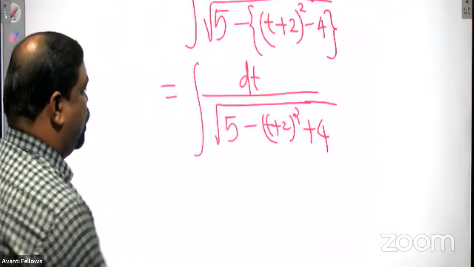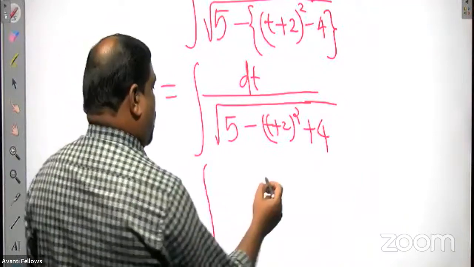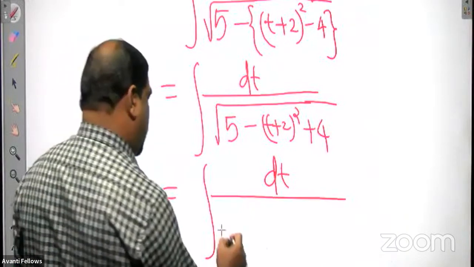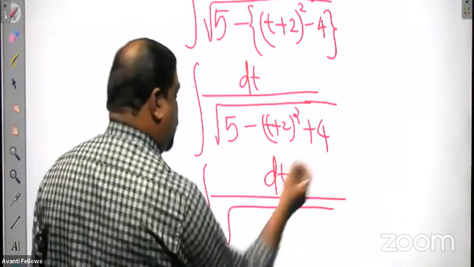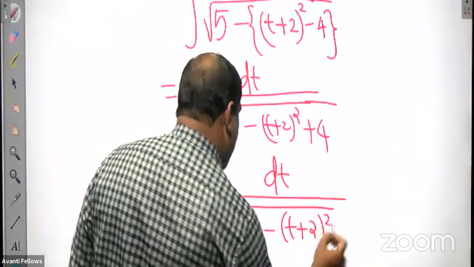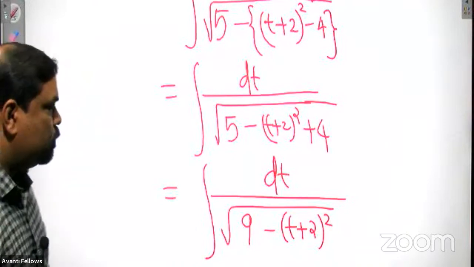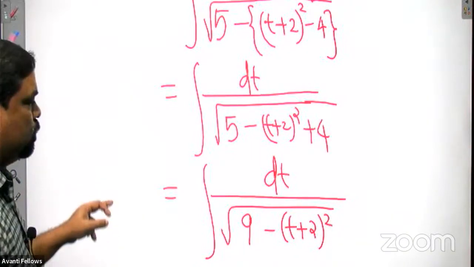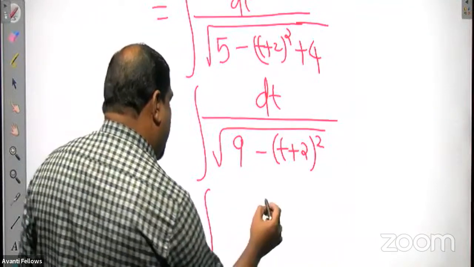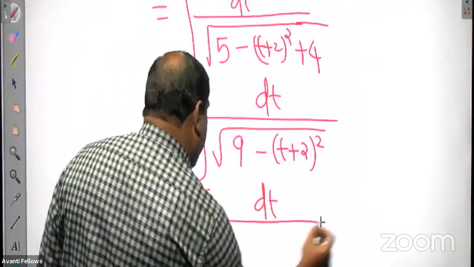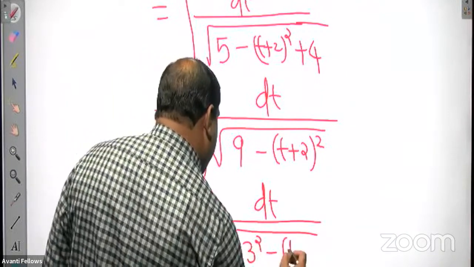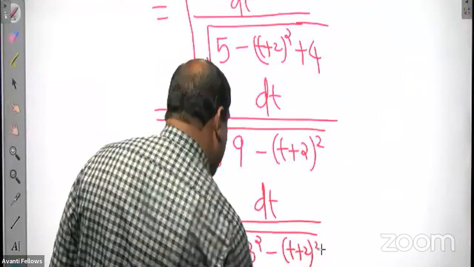And that is equal to the integral dt divided by root of 5 plus 4, that is 9, 9 minus of t plus 2 the whole square. So that is equal to the integral of dt divided by root of 9, meaning 3 square, so 3 square minus of t plus 2 the whole square.